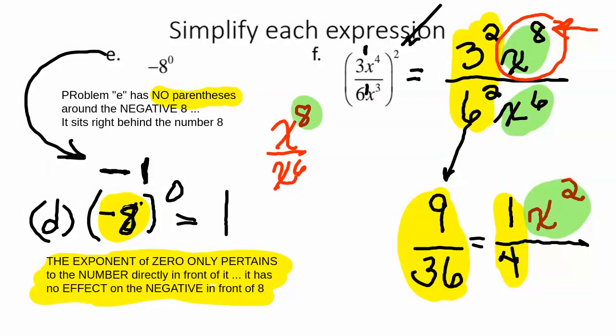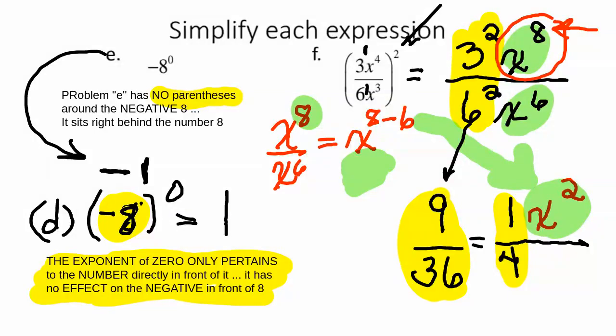This is bigger than the bottom, which means that I have x to the 8 minus 6. And remember, there's nothing down here, which is why it goes in the numerator of this fraction.